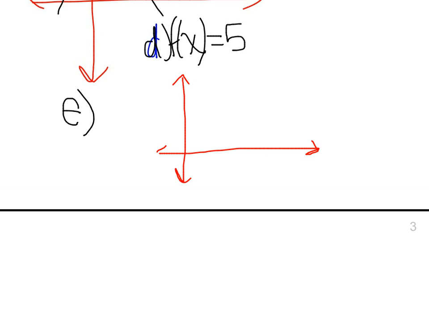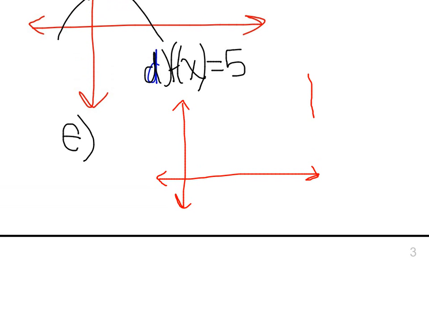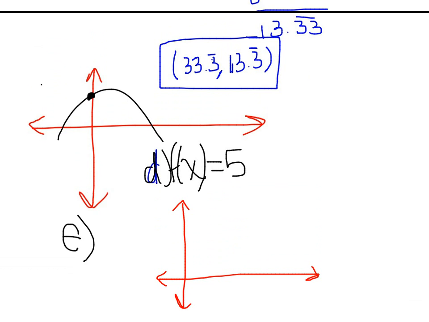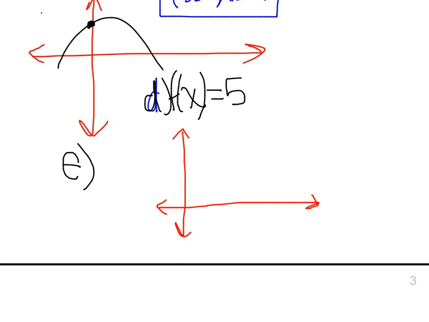I kind of set it up like this because I know that the vertex is at 13.3, 33.3, so I know it's going to be mostly positive numbers that we're dealing with. So we can just kind of estimate on this. There's 10, 20, 30, 40. So 33 and a third is somewhere around here.